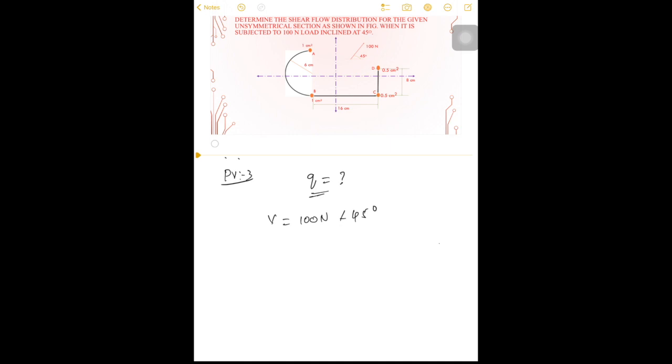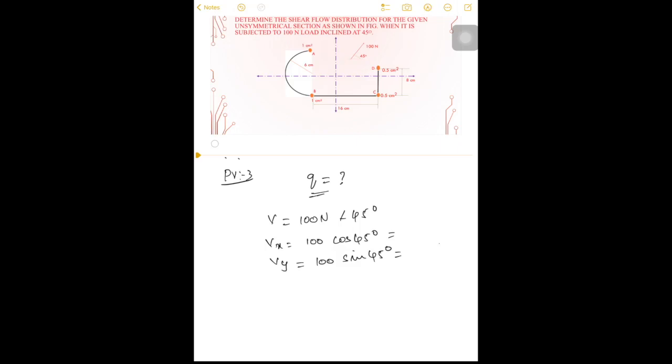So if I take the resultant and resolve, I will get Vx equal to 100 cos 45 degree and Vy equal to 100 sin 45 degree, and we know cos 45 and sin 45 are the same.